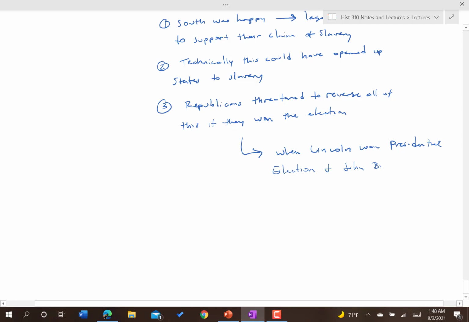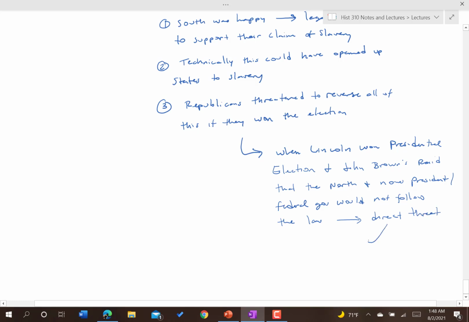And basically they saw this as that when Lincoln won the presidential election, and we'll say John Brown's raid, that the North and now the president and because of that the federal government would not follow the law, and they saw that as a direct threat that was now backed up, which led to secession and the Civil War.